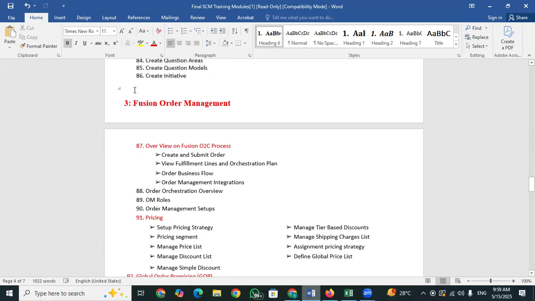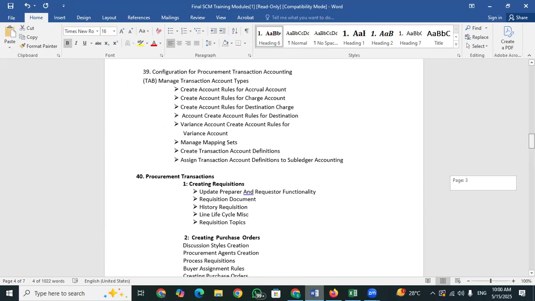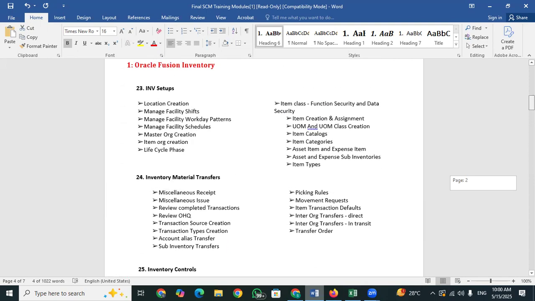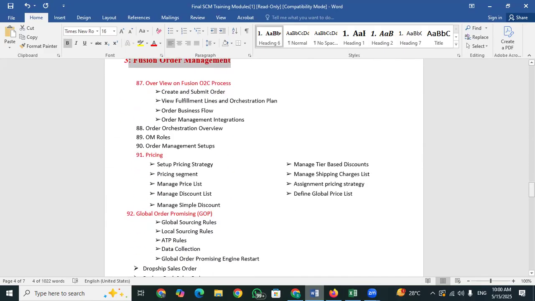Then last, one of the important ones, order management. See here, in inventory, we are covering both item and product management and inventory. And in order management, we are going to cover sales related things. See, an organization is buying 100 laptops from one of the Dell suppliers. Putting the 100 laptops in their organization is not useful.